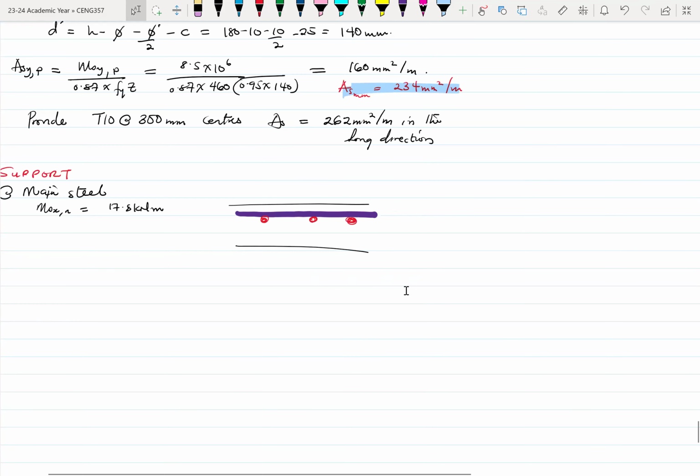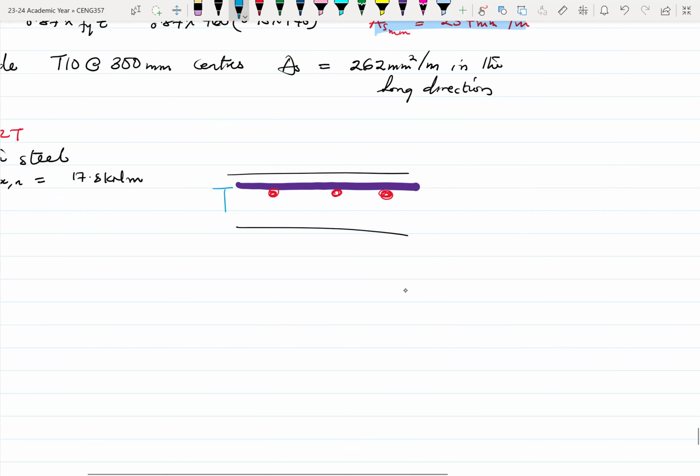So in effect the D and the D prime would be the same for that of the main bar. Pretty much it means that this distance here is my D, and this distance here is a D prime.